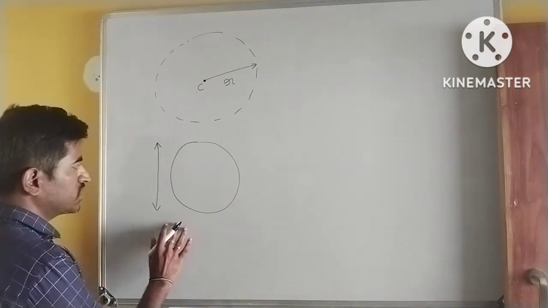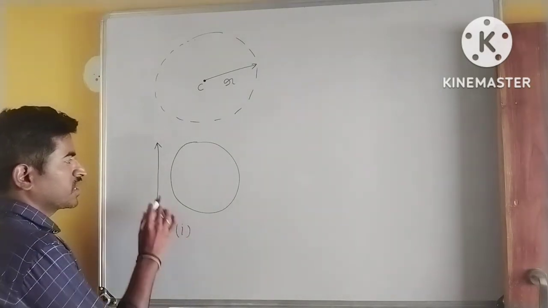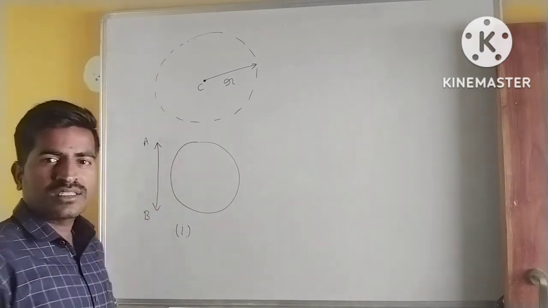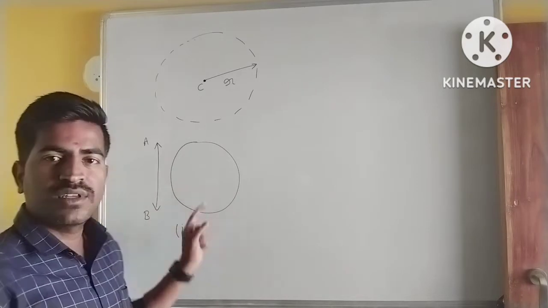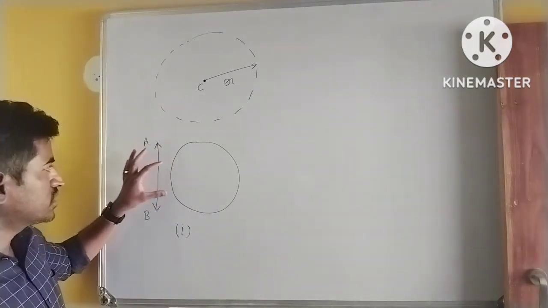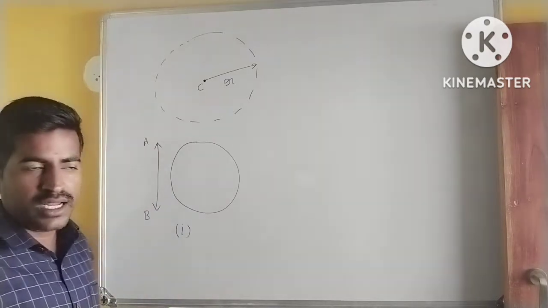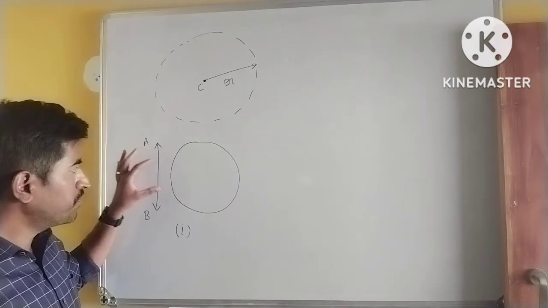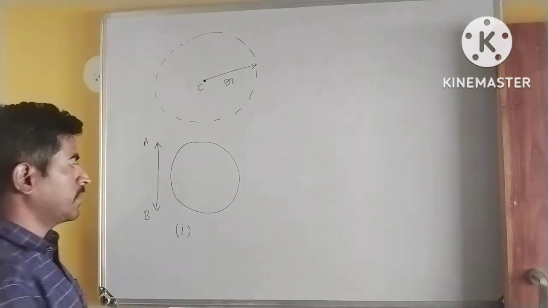In this case, the line AB is a non-intersecting line with respect to the circle. This line is not in contact with the circle, and hence it is called a non-intersecting line with respect to the circle.